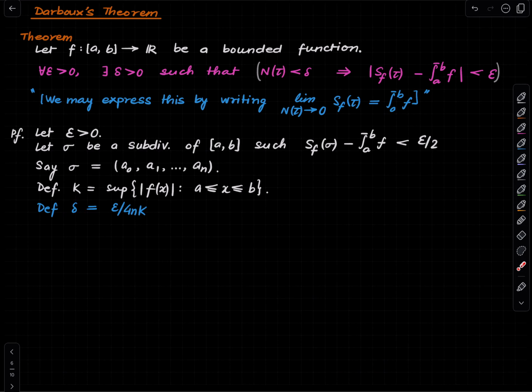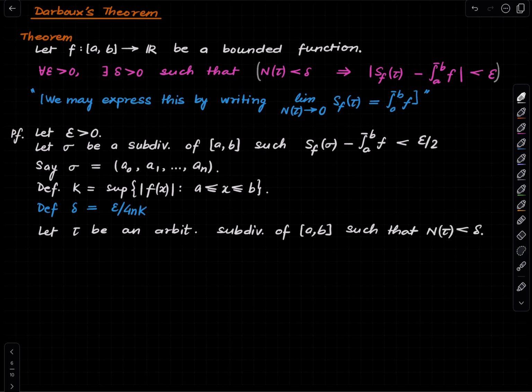Okay. So let tau be a subdivision. Let tau be an arbitrary subdivision of the domain such that the norm of tau is less than delta.